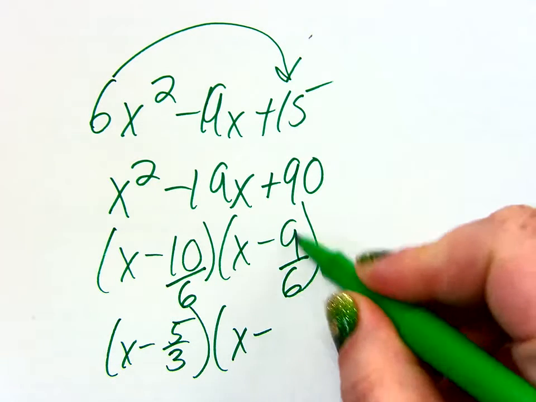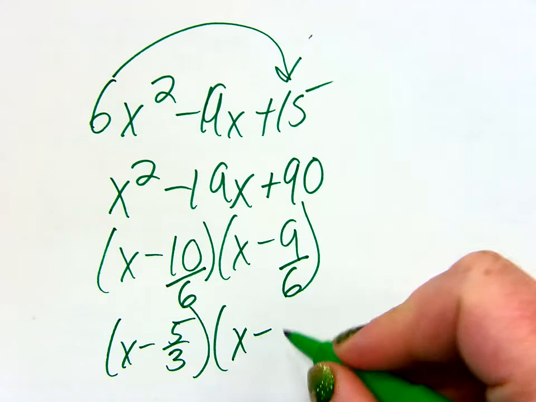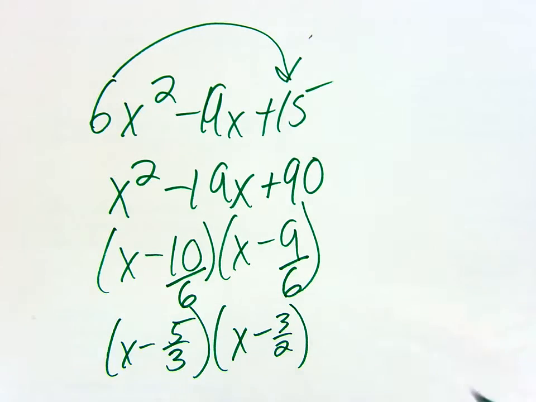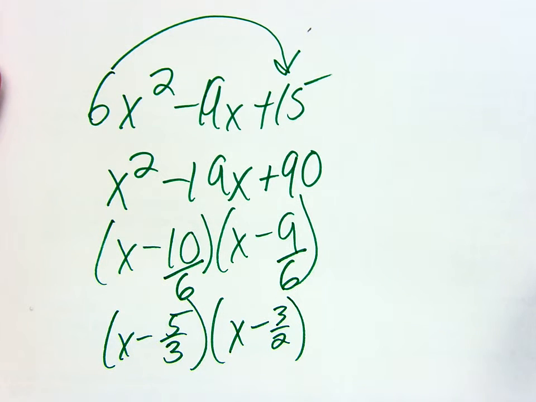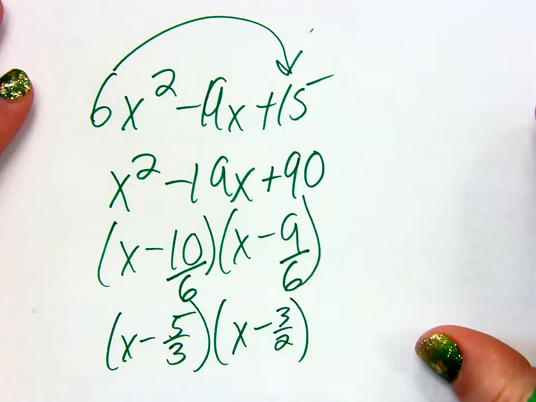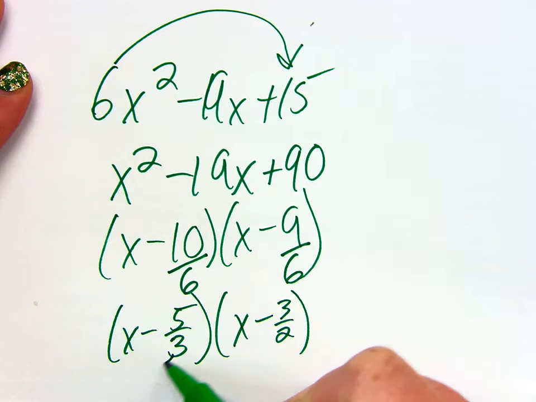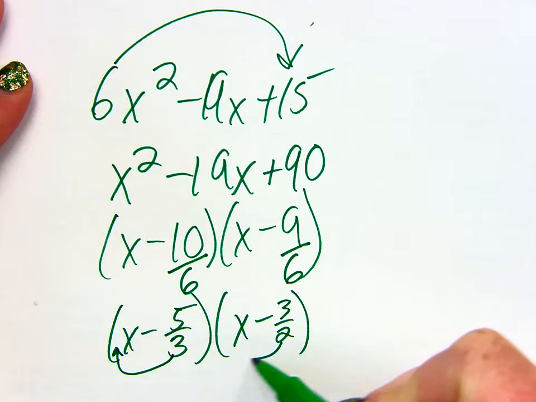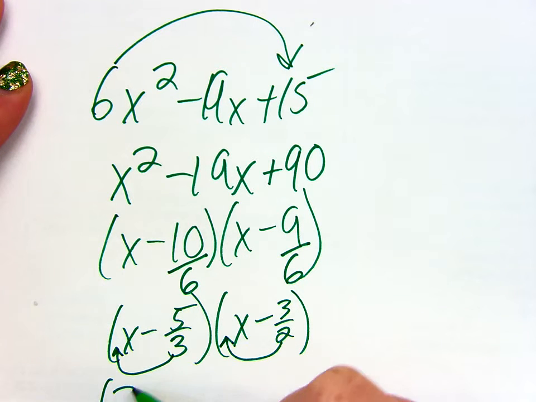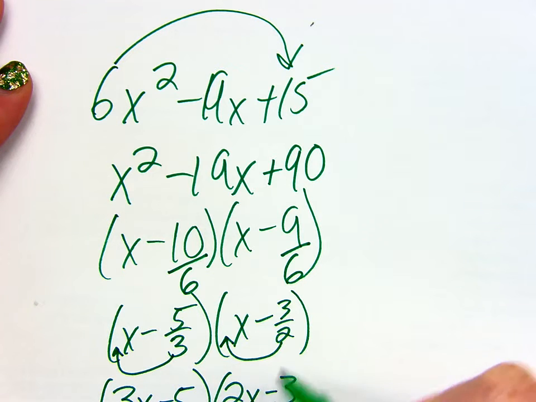And now if I reduce 9/6, that's 3/2. So you reduce the fractions, and then watch this cool little trick. Whatever the denominator is, you just stick it right in front there. What? So you get 3x minus 5 and 2x minus 3.